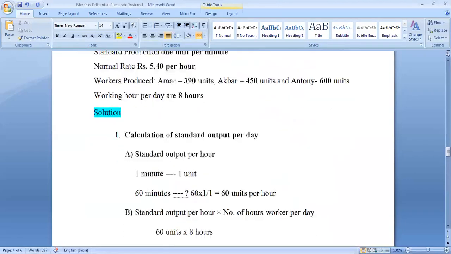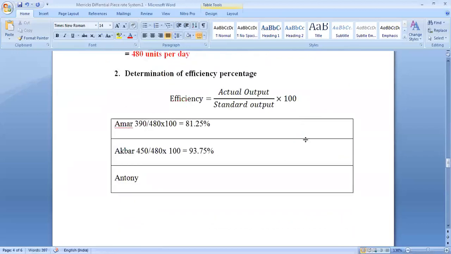Next, Anthony is producing, and Anthony is doing good. Anthony is producing 600 units divided by standard output, converting it to percentage, that gives 125%. By looking at this, we can say who is an efficient, inefficient or moderate worker.